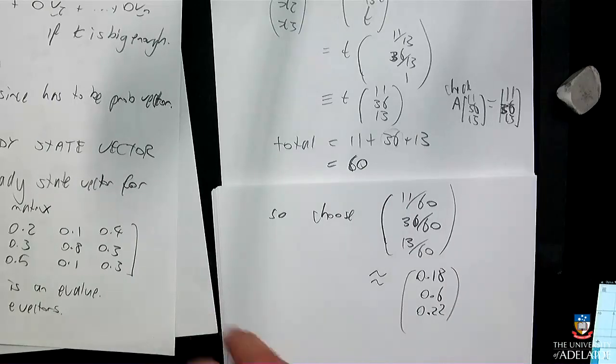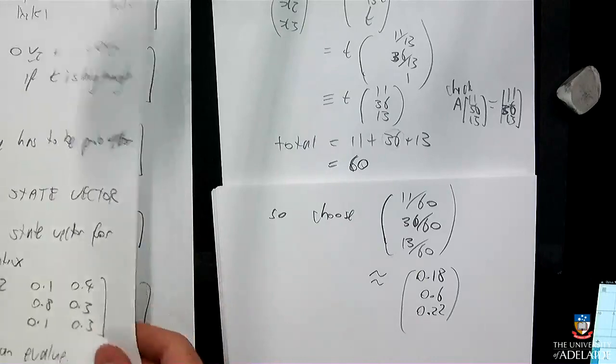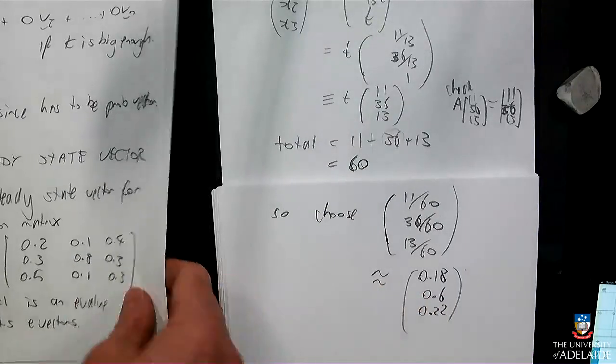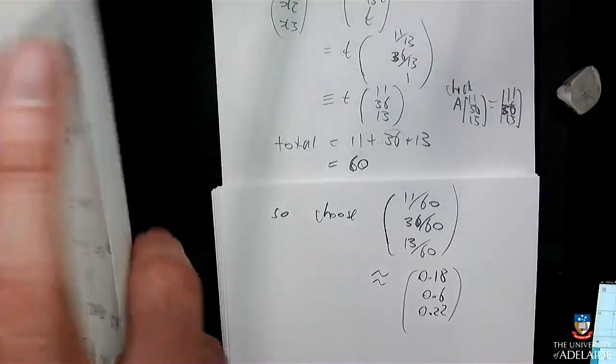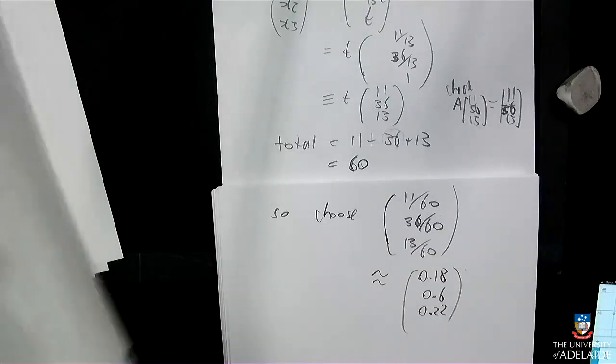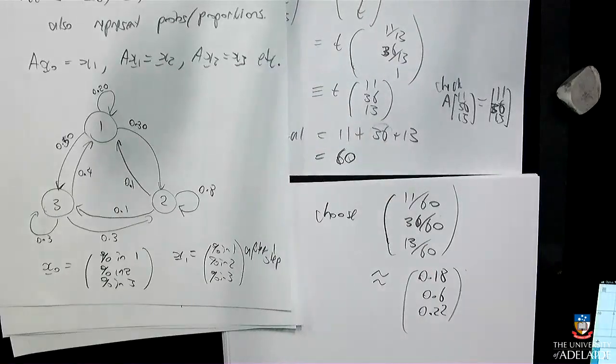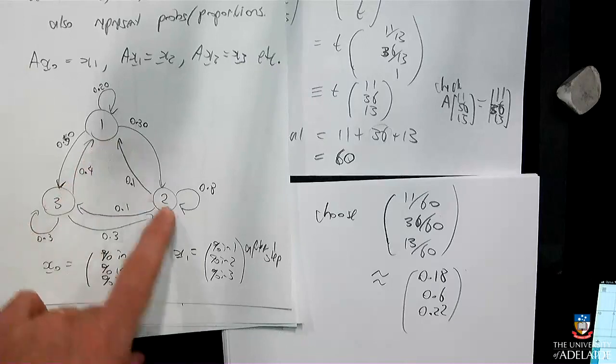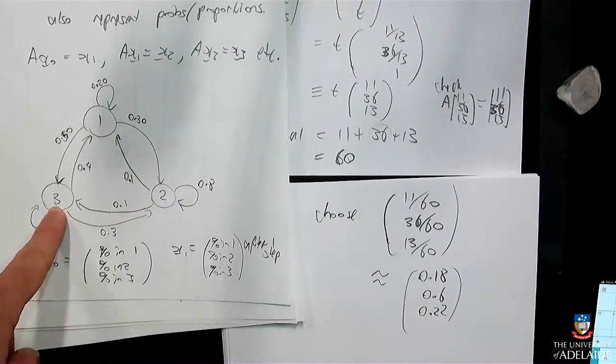Okay, so what this means is that when I run my little system that I drew back here and stick in 100,000 ants, then run it for a while and let them walk around one step at a time, open the gates and let them walk, open the gates, let them walk, then eventually, roughly 18% will end up here, and 60% will end up here, and 22% will end up here.